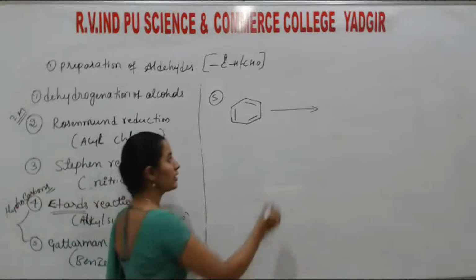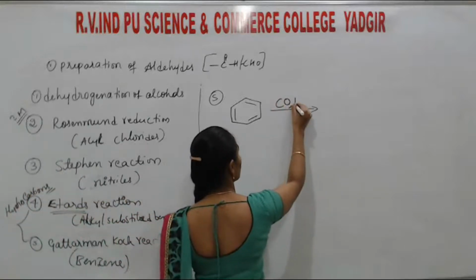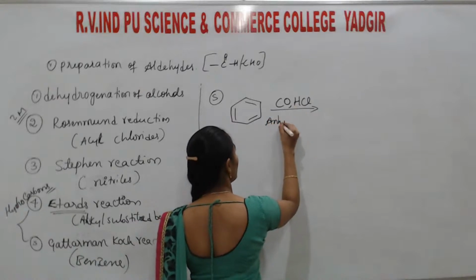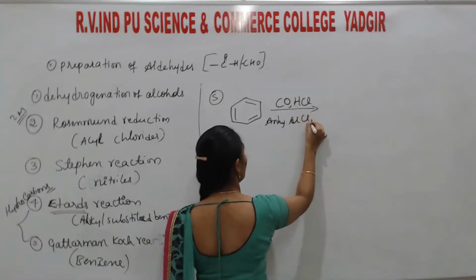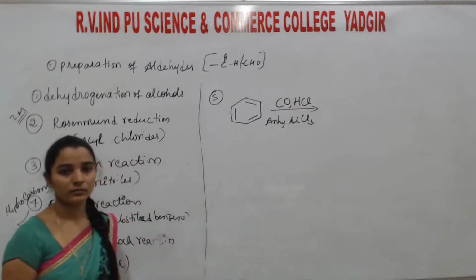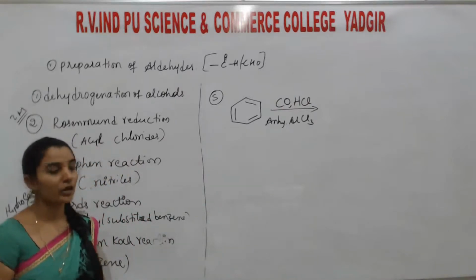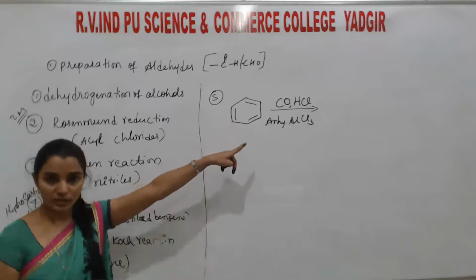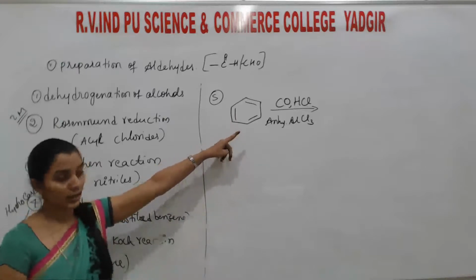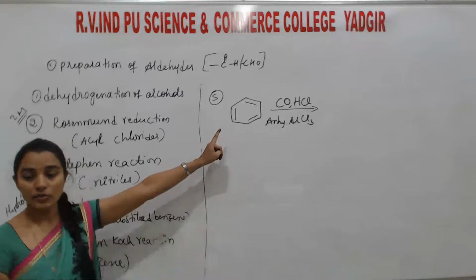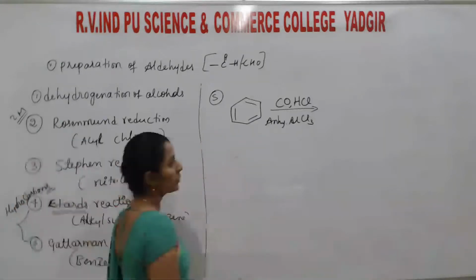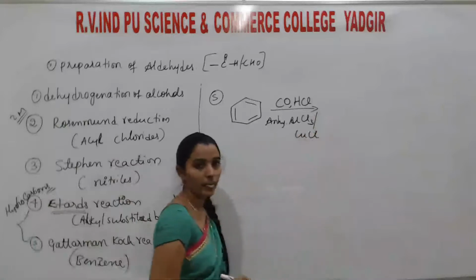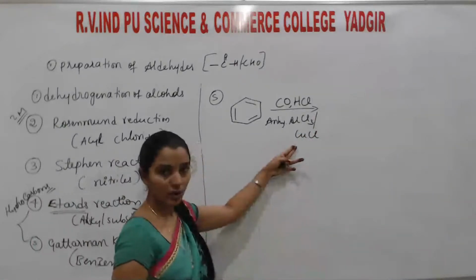This benzene is treated with carbon monoxide in presence of HCl and anhydrous aluminum chloride as a catalyst. Or you may take copper chloride also. Both are okay, aluminum chloride or copper chloride.